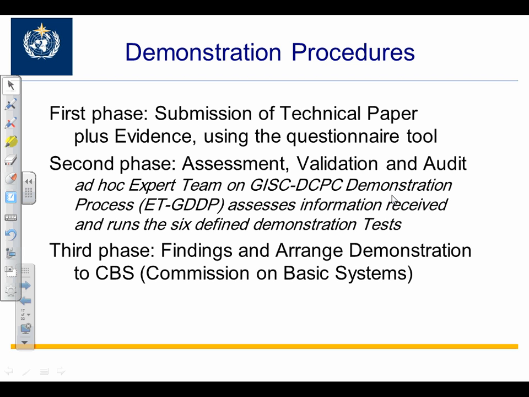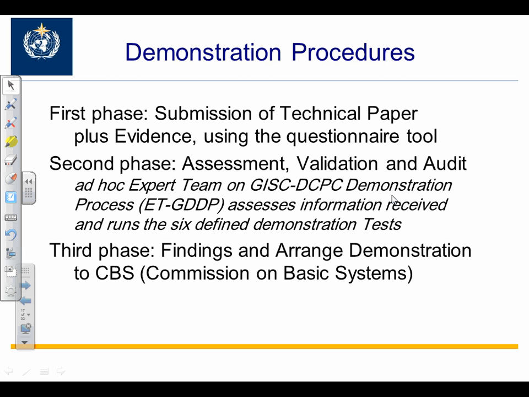The first phase, submission of technical paper plus evidence, where the WMO member will provide ETGDDP with information on their capabilities to offer DCPC functions using the online questionnaire tool, which is available from the WMO website, the WIS section.